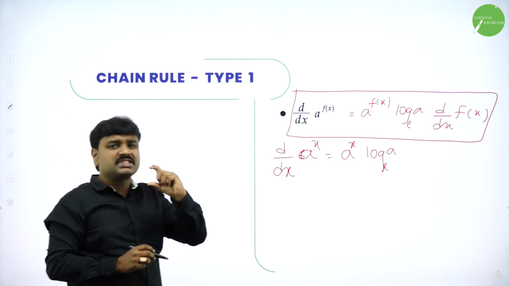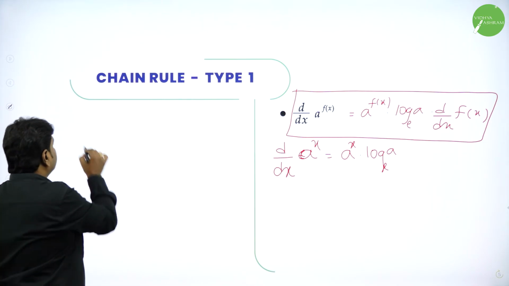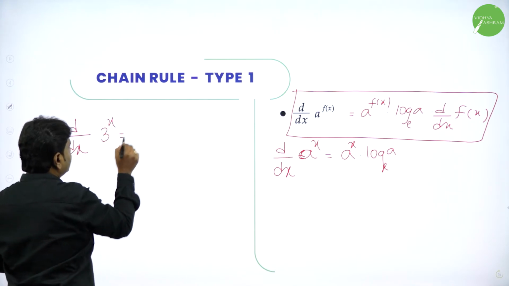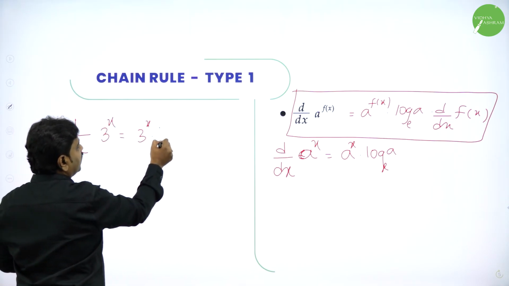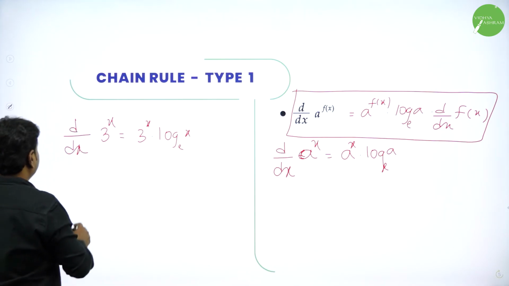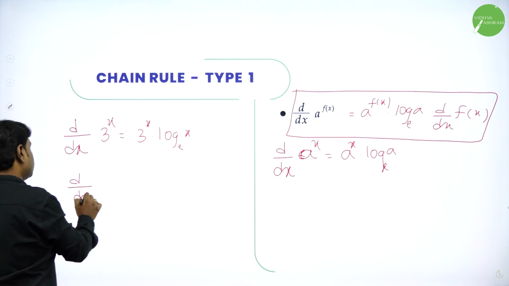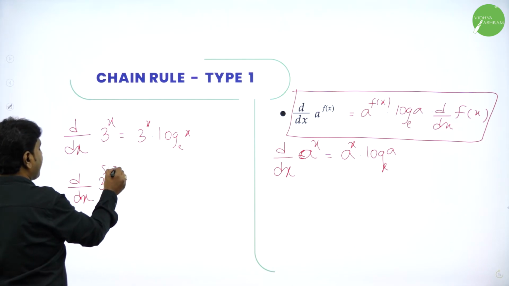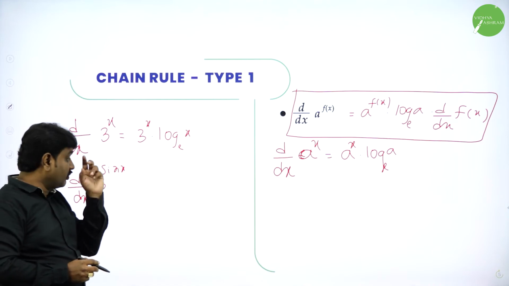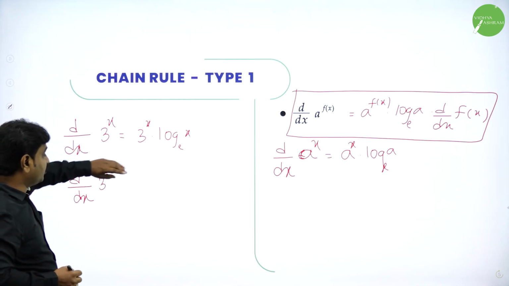So now a means any number, constants. Suppose I have d by dx of 3 power x, the answer is 3 power x log 3, and we'll stop it. It is in the form of a power x. If they give d by dx of 3 power sin x, see, in the power we don't have just a variable x, we have a function of x.